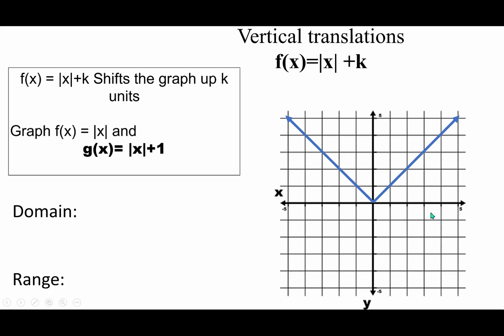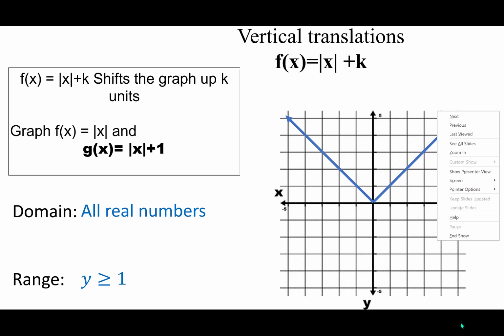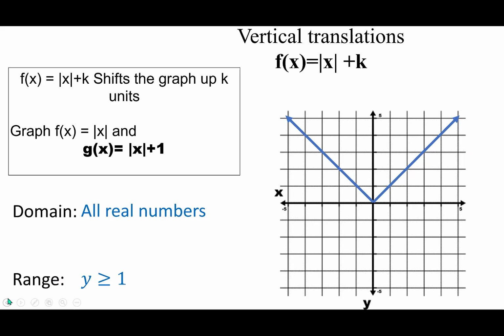All right, so now let's talk about our shifts or our translations. We have 2 types. Again, we have our horizontal and we have our vertical. So we're going to start with talking about our vertical. In our vertical, we're either adding something to the absolute value or we're subtracting something from the absolute value.